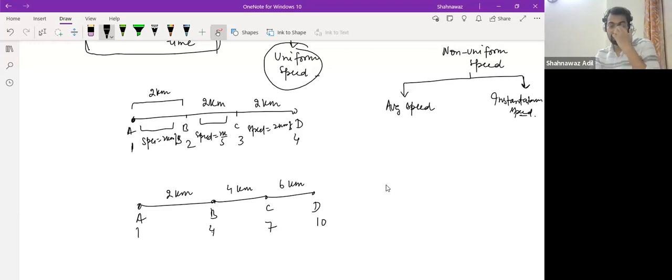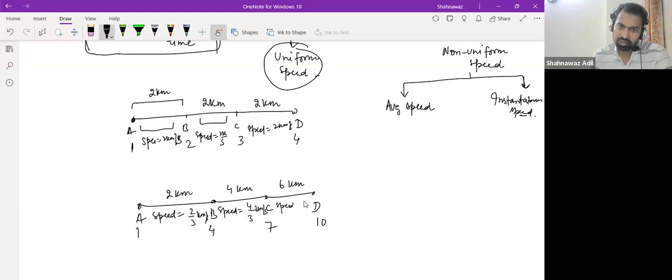So you see that your velocity or your speed at this point is how much? Speed is 2 by 3 kilometer per second. And in here, your speed is how much? Distance by time, so 4 by 3 kilometer per second. And in here, 6 by 3 kilometer per second.